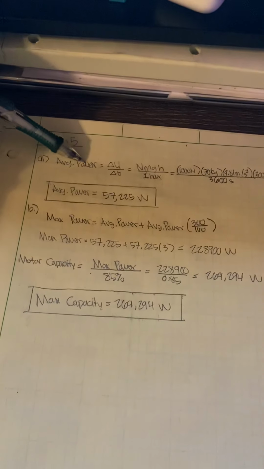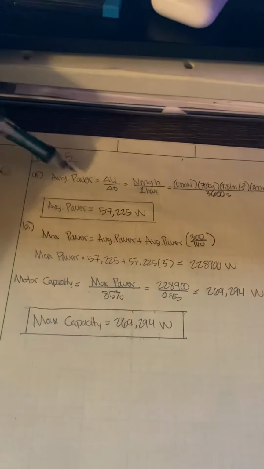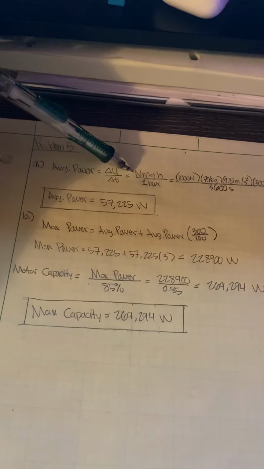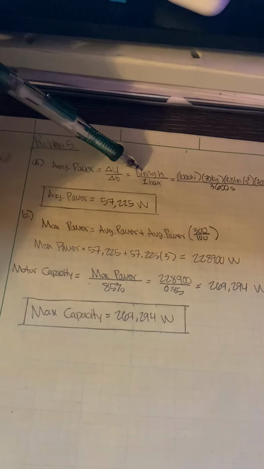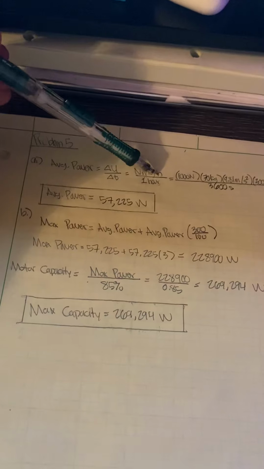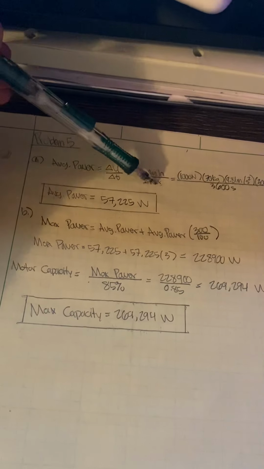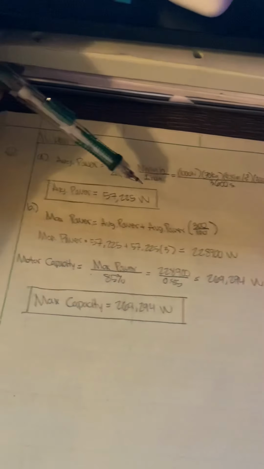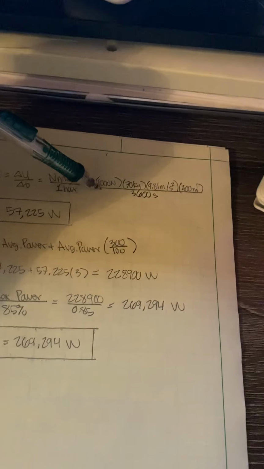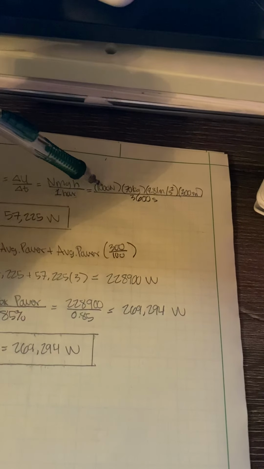So for the average power, this is the equation we're given. This could be simplified to the number of skiers times mass times gravity times h, the height. And we know that the time is 1 hour, since it could transport skiers per hour. So all of this is given to us in the problem statement.